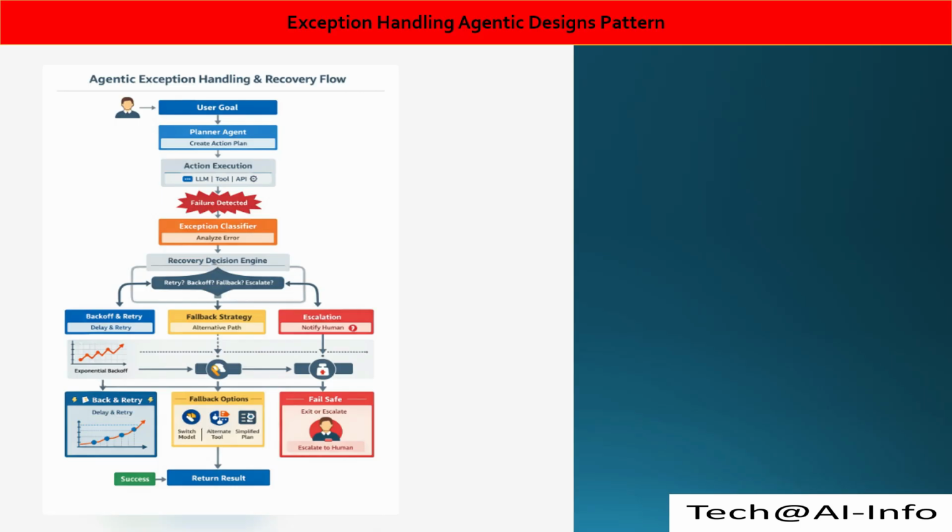Agentic systems are control loops, not chat flows. Exception handling is the control system that keeps autonomy safe, reliable, and affordable. So this is all about the architecture of the exception handling agentic design pattern.